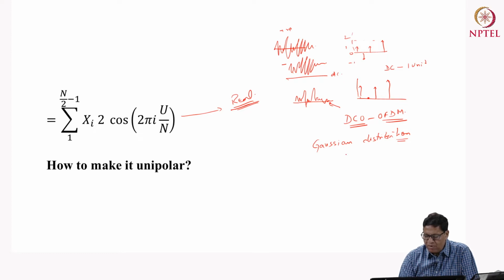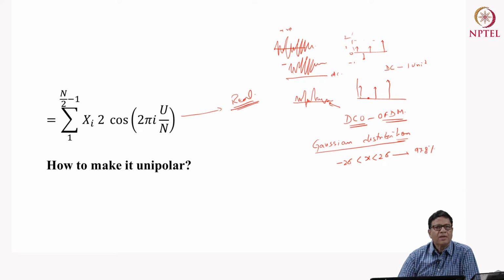And we know from the Gaussian distribution that if x is between 2 sigma and -2 sigma, where sigma is the standard deviation, then we have 97.8% of the signal, which is close to 1. So this is 2 sigma.